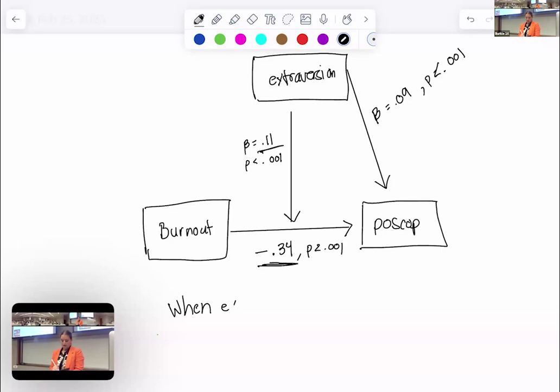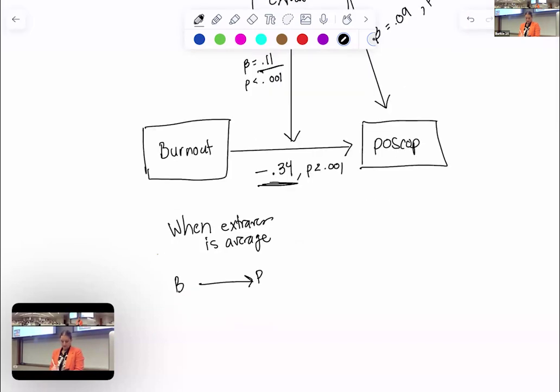So when extroversion is average, burnout to positive coping is negative 0.34. When extroversion goes up 1 SD, the relationship between burnout and positive coping changes by that positive 0.11, right? And we get negative 0.23.